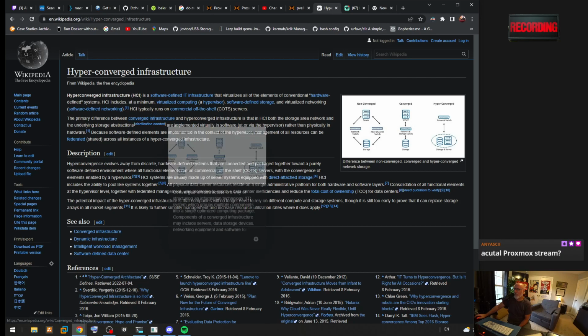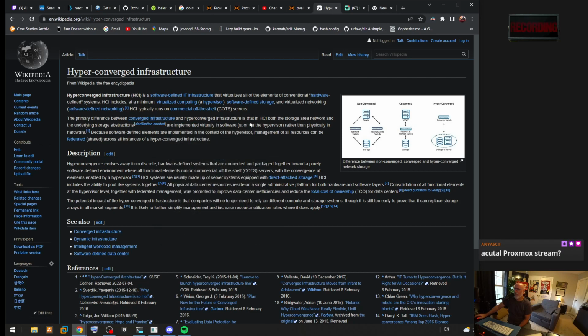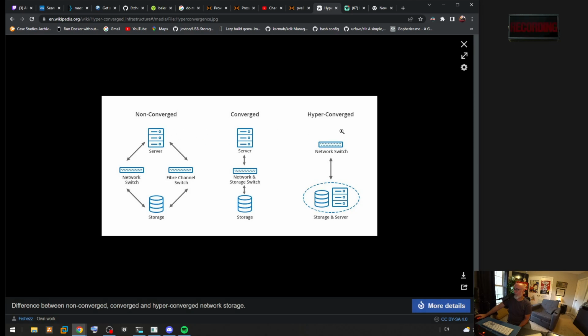The primary difference between convergent infrastructure and hyper-converged infrastructure is that in HCI, both the storage area network and the underlying storage abstractions are implemented virtually in software at or via the hypervisor rather than physically in the hardware. Because software-defined elements are implemented in the context of the hypervisor, management of all the resources can be federated across the instances of a hyper-converged infrastructure. Storage and the server are all together.